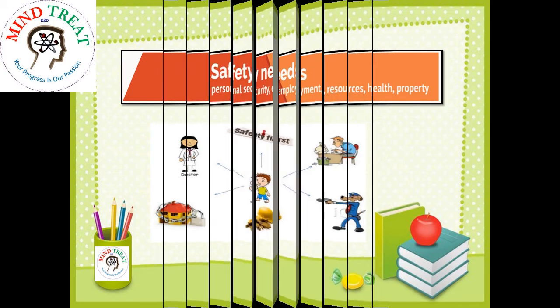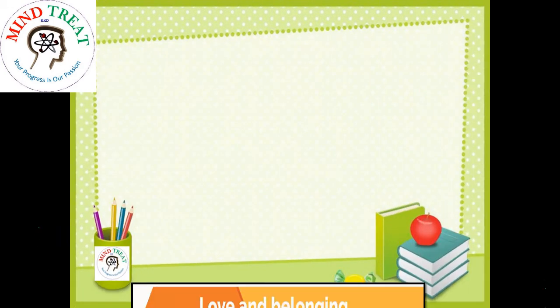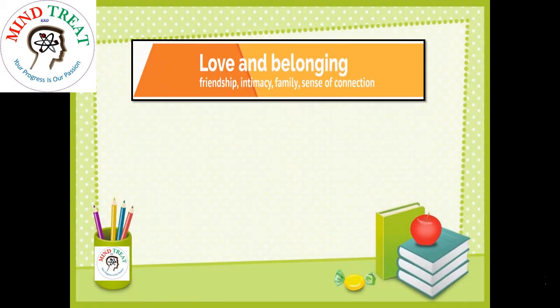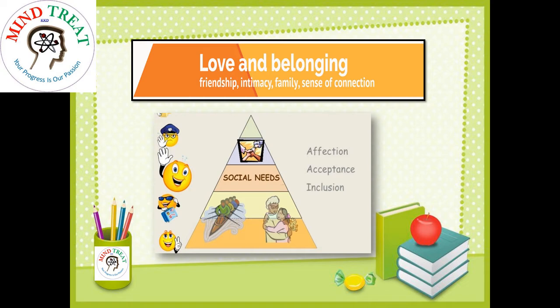And the third one is love and belonging. Any individual has to be loved by other people and has to be respected by other people. So the individual is looking for people to respect me, love me, help me, and make me a part of their friendship life, or whatever it may be.